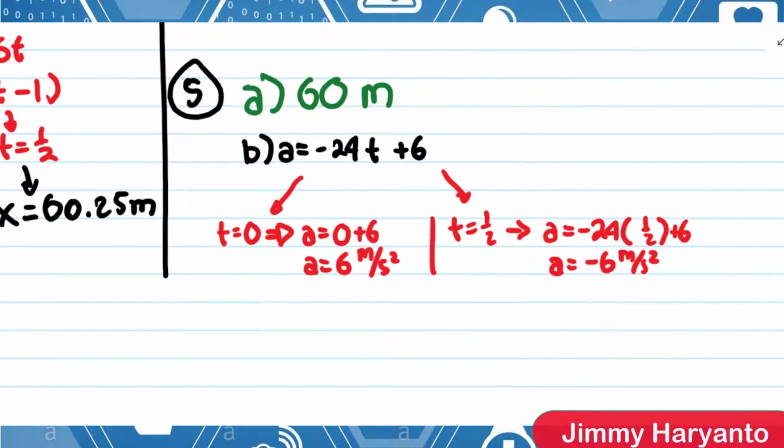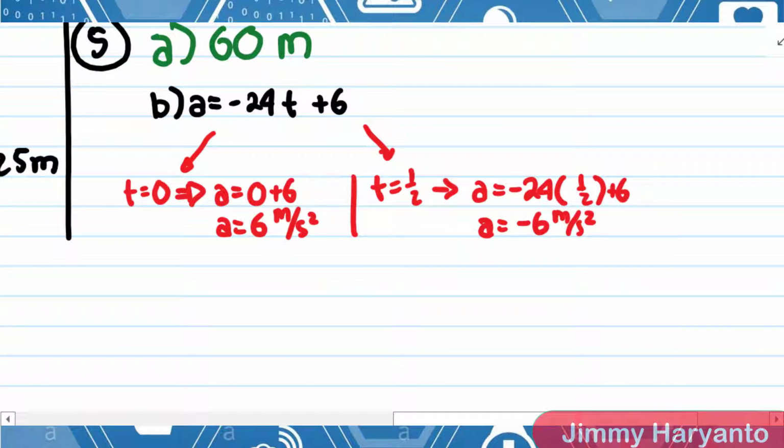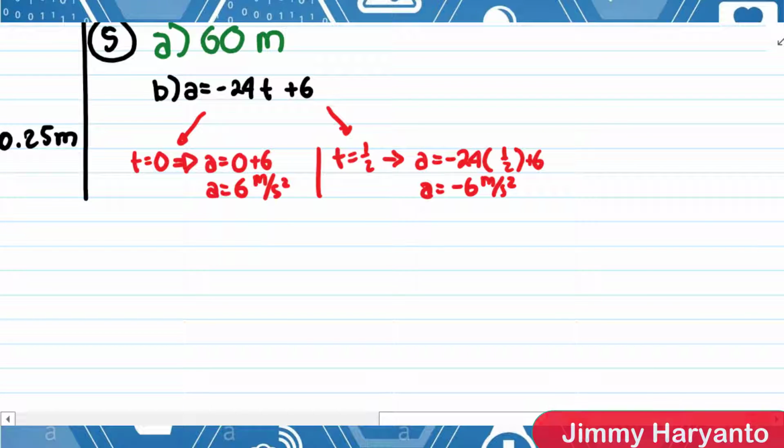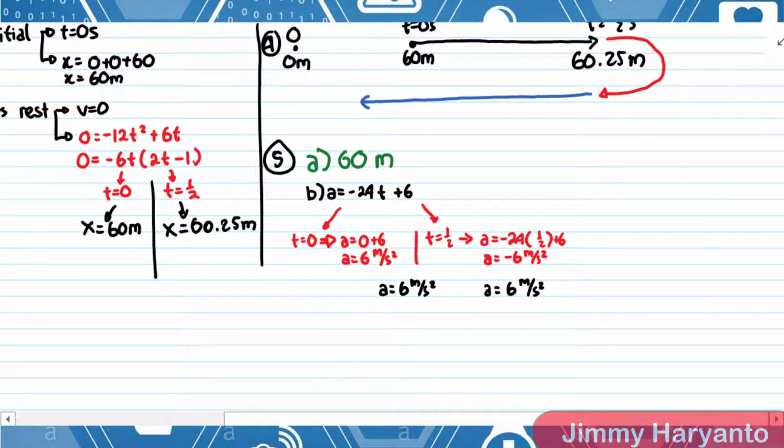Like I told you before, when the question wants you to find the magnitude only, you cannot write it like this. So the answer will be a equals 6 meters per second square when t equals 0, and the acceleration will be 6 meters per second square in magnitude when the time is half seconds. Okay, this one is the answer for B.